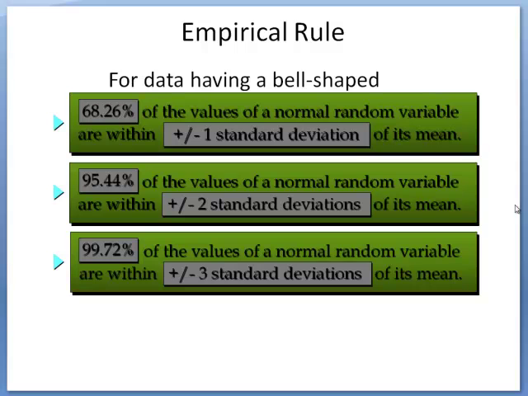But for now, keep these three findings in mind. If data have a bell shape, then approximately 68% of the values of a normal random variable will be within plus or minus 1 standard deviation from the mean. Similarly, 95.44% will be within plus or minus 2 standard deviations from the mean. And 99.72% will be within plus or minus 3 standard deviations from the mean.